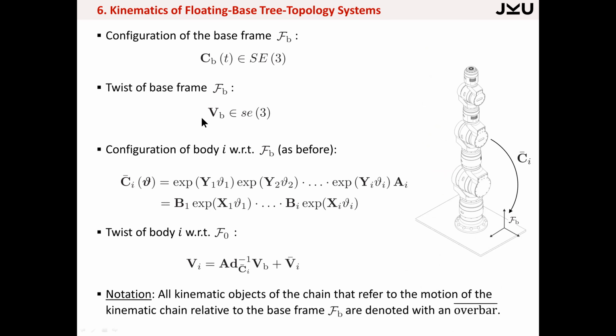We can do the same trick, the same formulation that we had before: we have the motion of each of the bodies relative to this moving base-fixed frame, described by the exponential mapping.